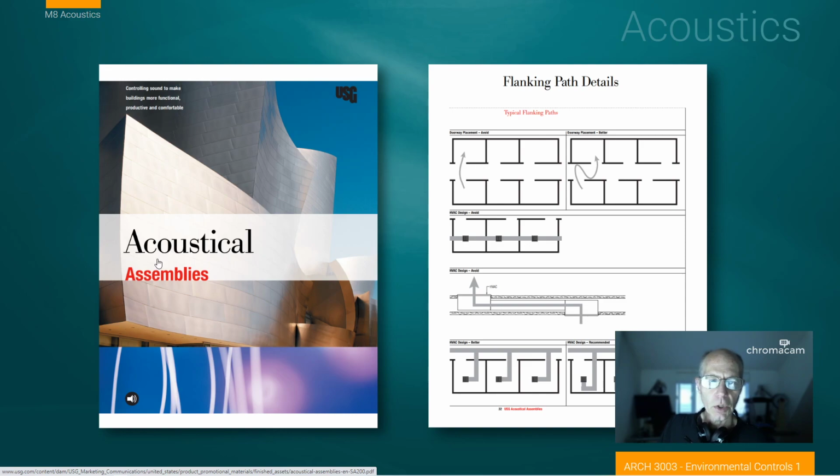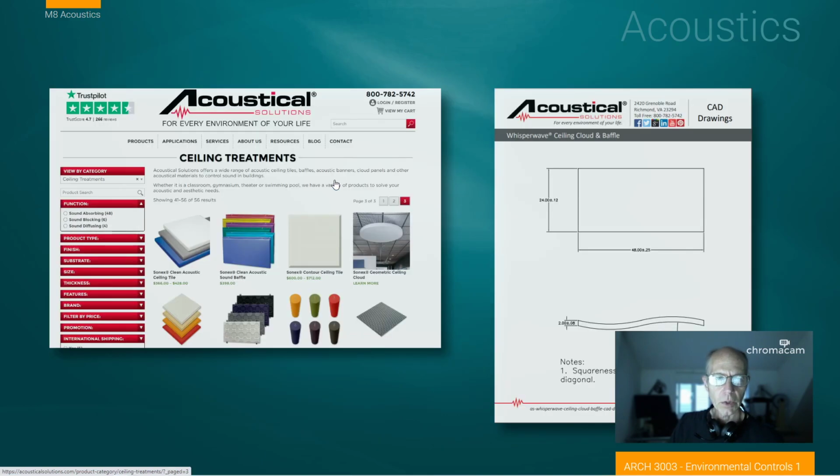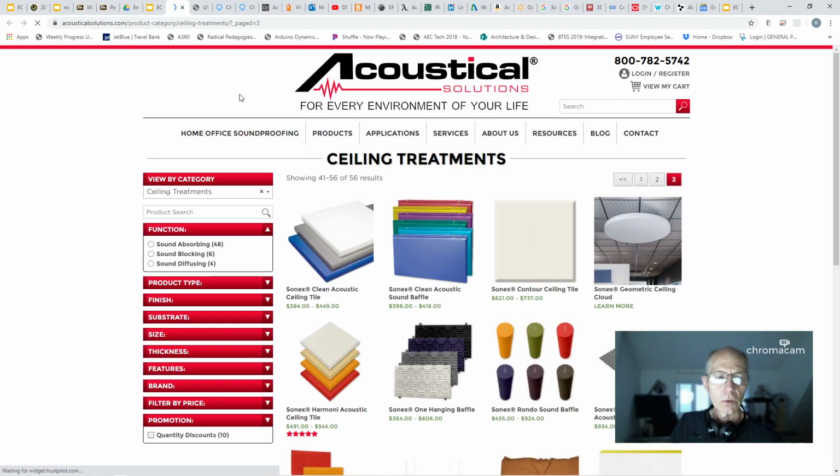So this acoustical assembly from USG, a gypsum board manufacturer, I thought was a very useful resource. I think this is where I got the wall construction data for the project that we're going to do. And then there are many other resources on the internet. I think this one's also hyperlinked to sound absorption materials.